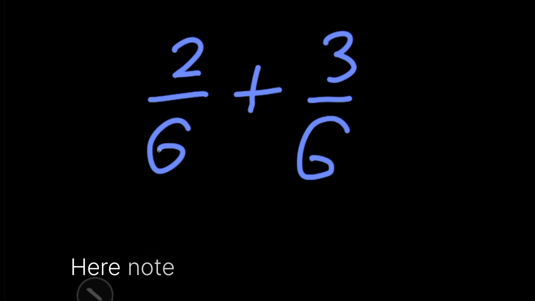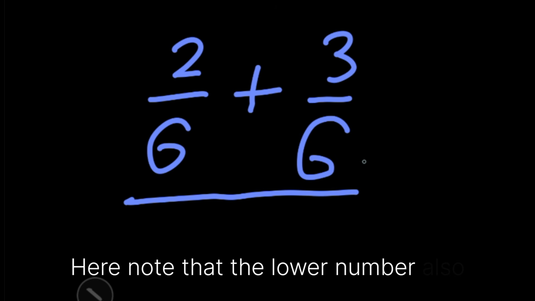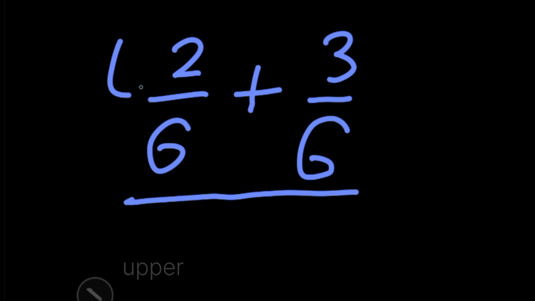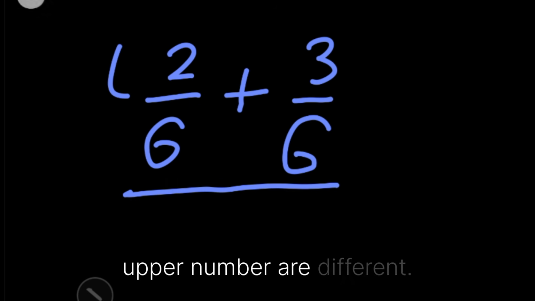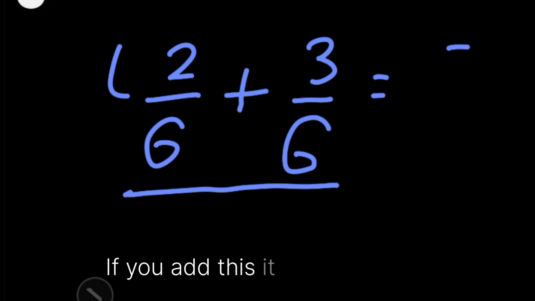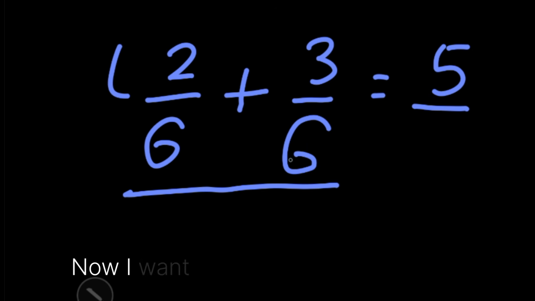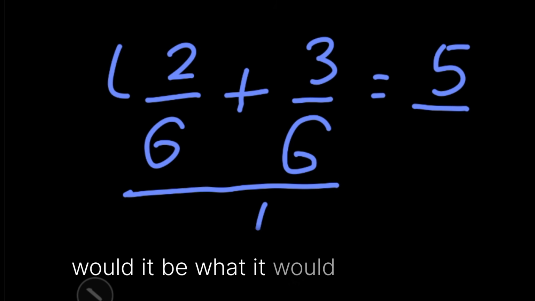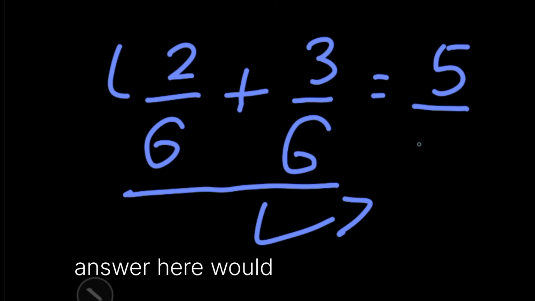Here, note that the lower number, also known as the denominator, is the same and the upper numbers are different. If you add this, it would be 5. Now I want you to do this yourself. What would be the answer here? Would it be 12?